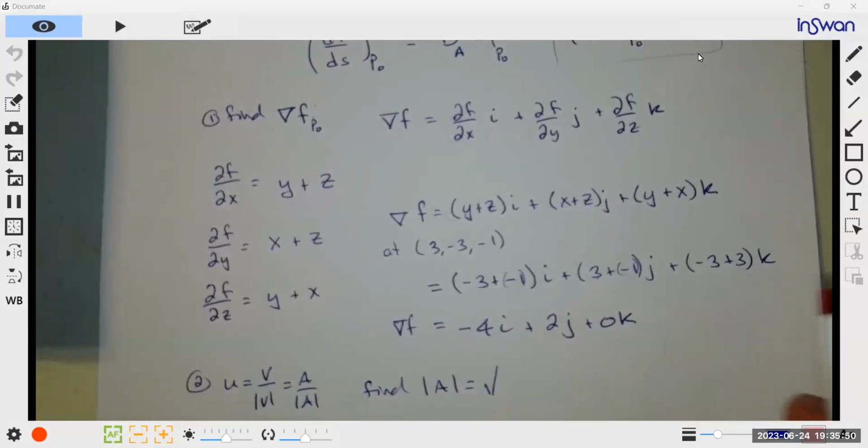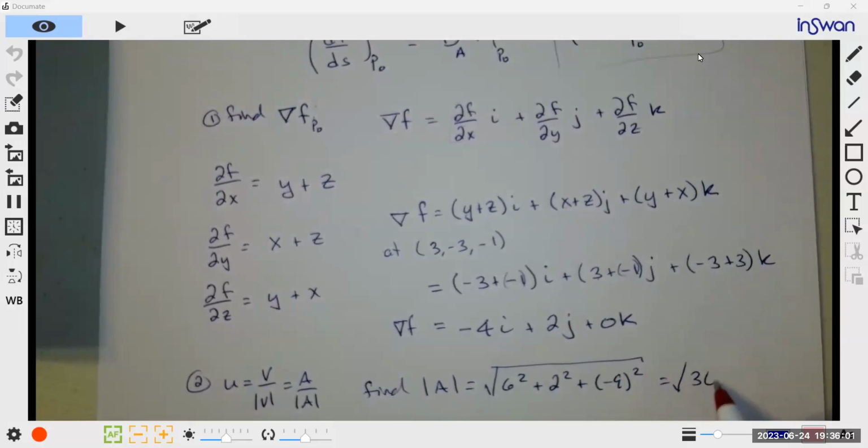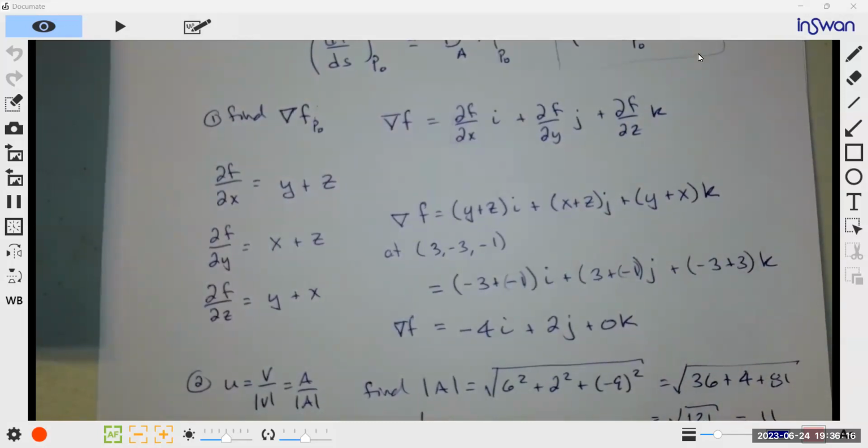A was 6, 2, -9, so 6 squared plus 2 squared plus -9 squared. 36 plus 4 plus 81. 40 plus 81 is 121. The square root of that is 11. So the magnitude of a is 11.